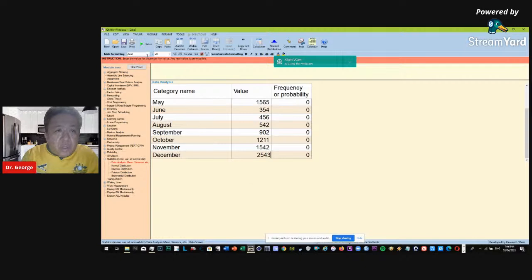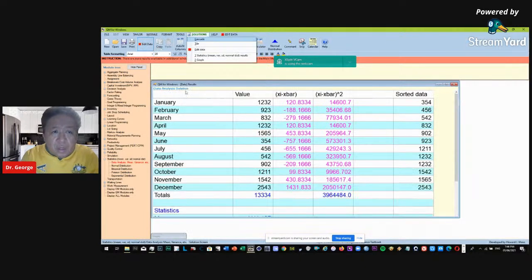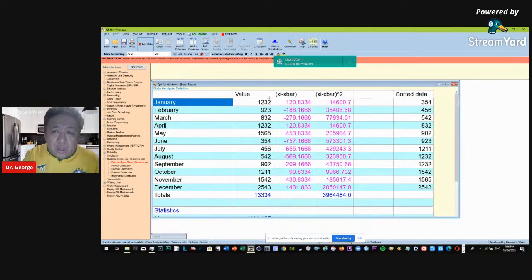Now all you need to do is just to click the solve thing there. And okay, so let me explain to you what this means. The data analysis solution is, if you remember the days when you would still compute statistics, this is the way it is.